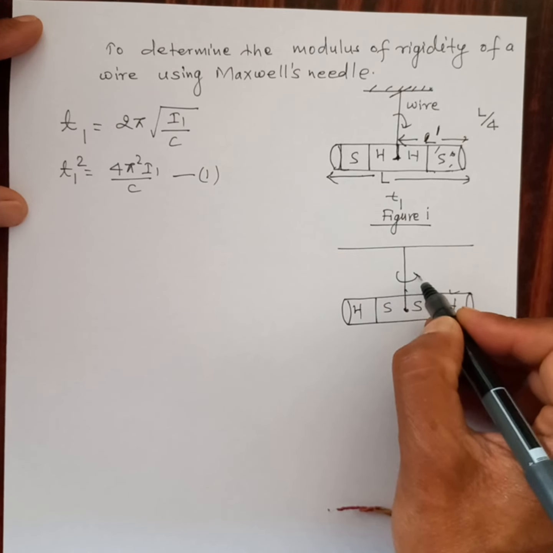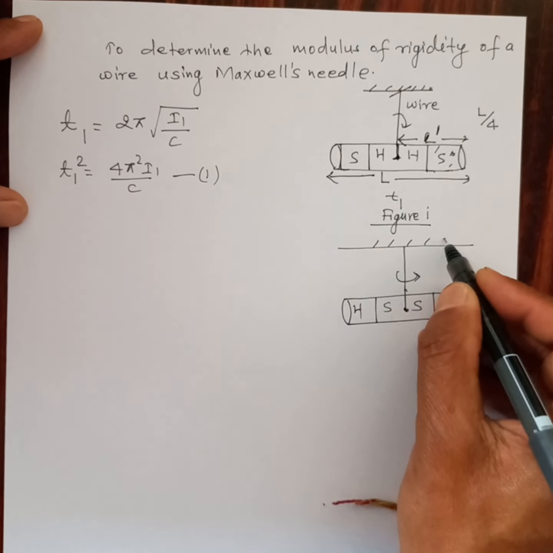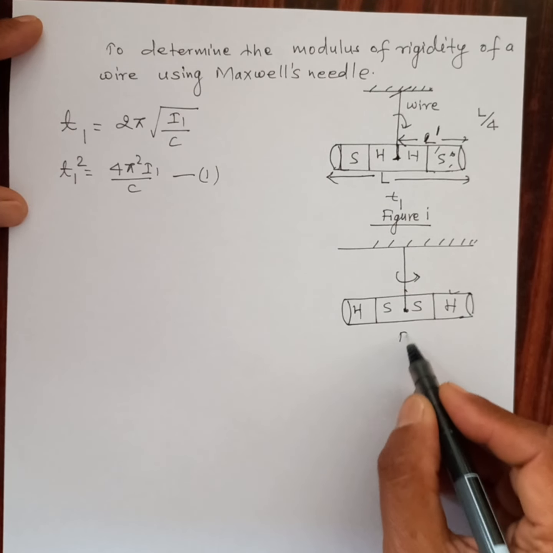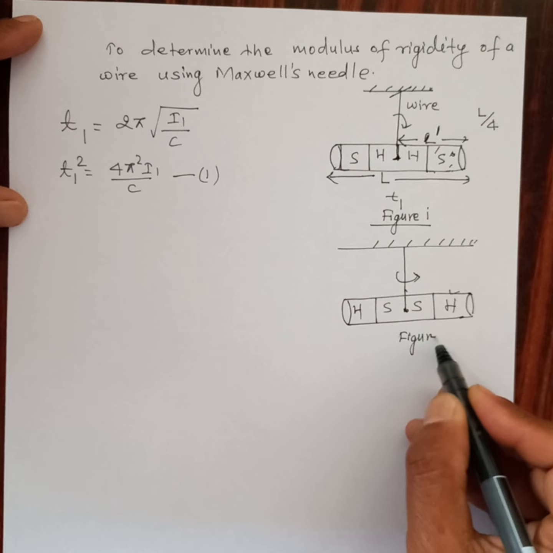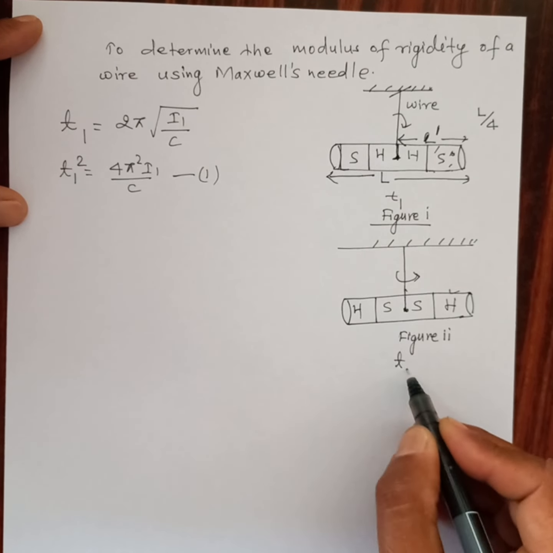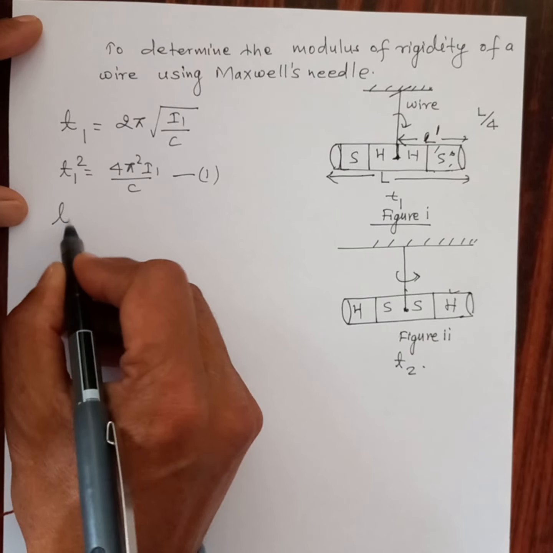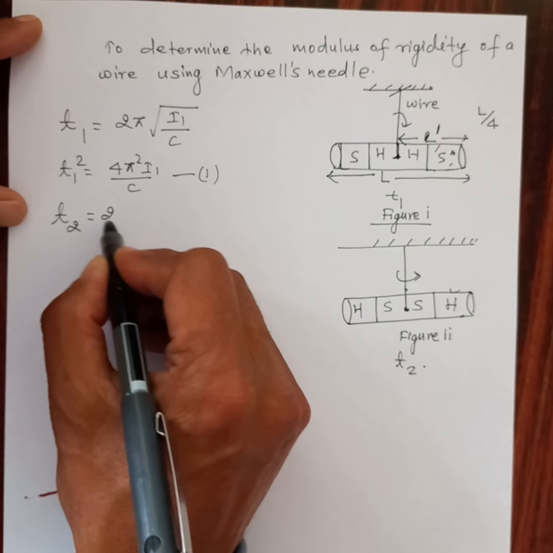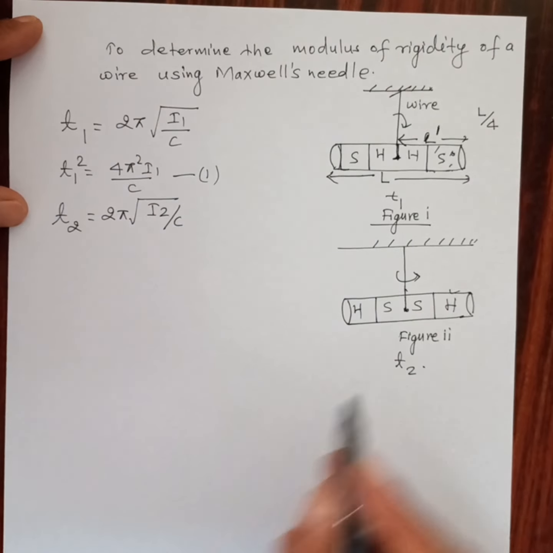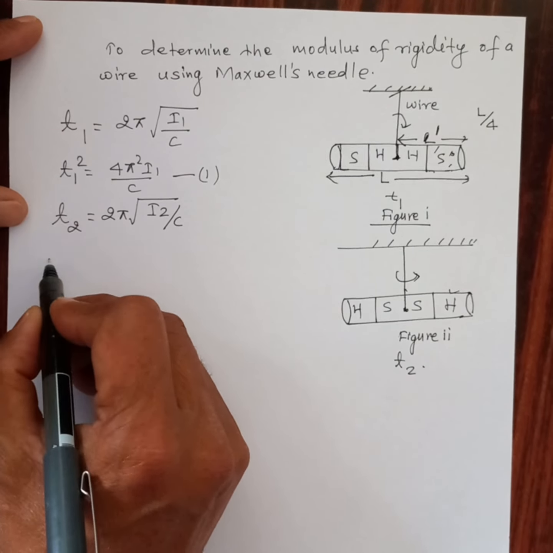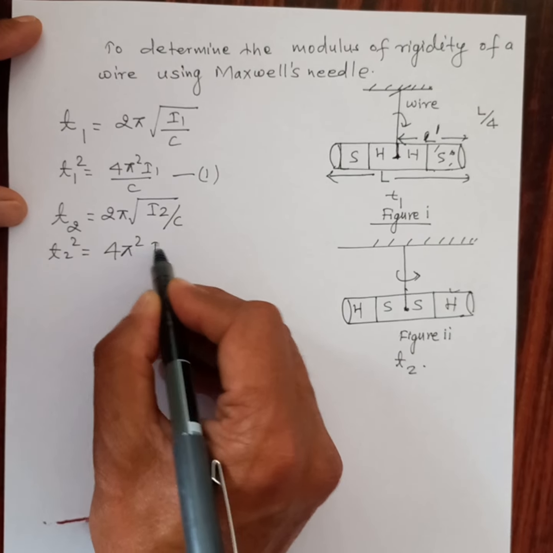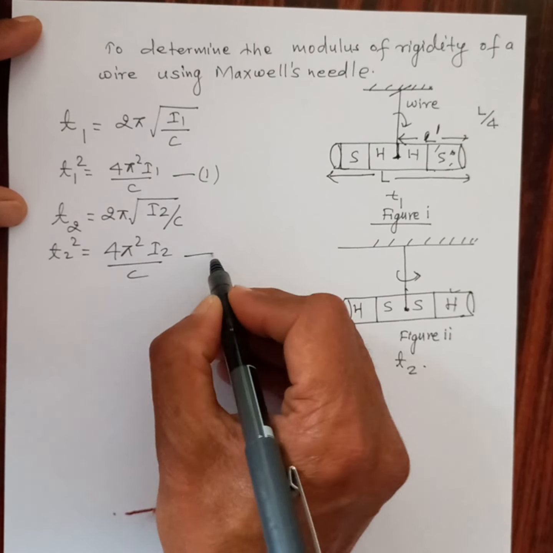This is the point of support. This is the point of oscillation. This is figure 2. Let T2 be the time period. Then the time period for the second case is 2 pi under root I2 by C, where I2 is the moment of inertia in this condition. Squaring on both sides, T2 square is equal to 4 pi square I2 by C. This is equation number 2.